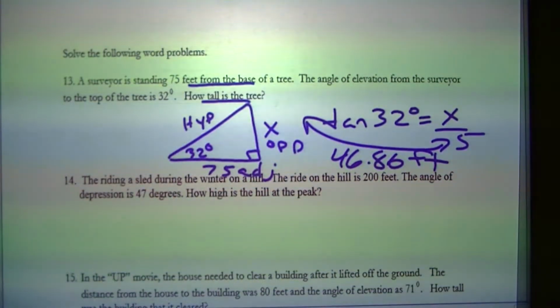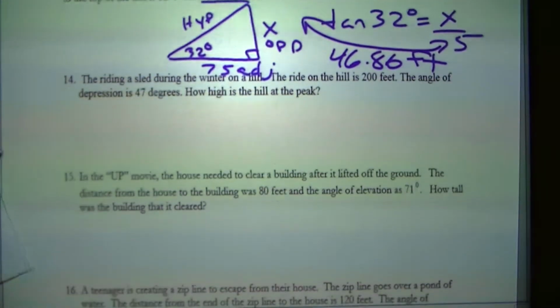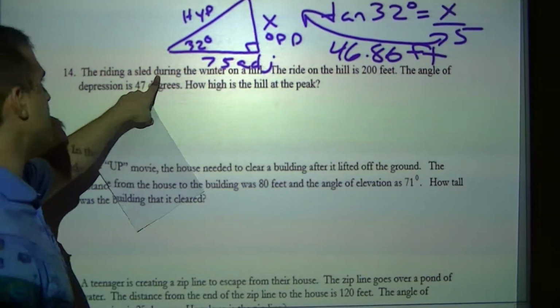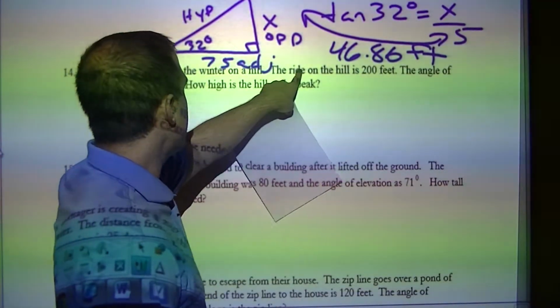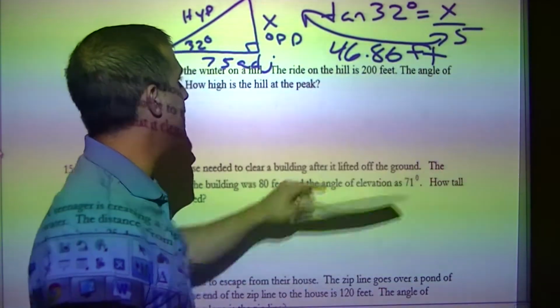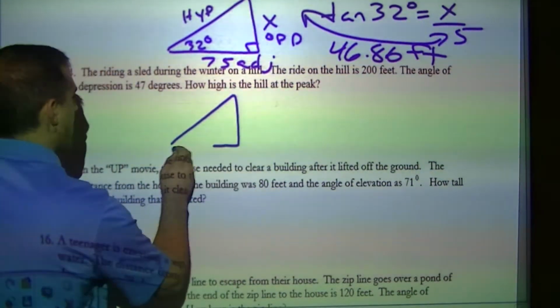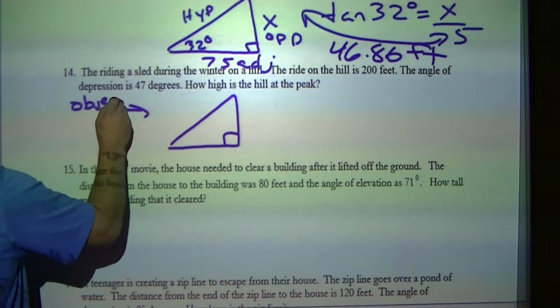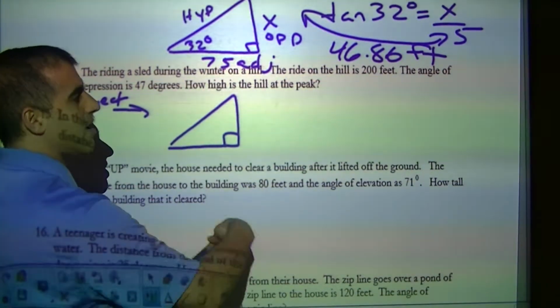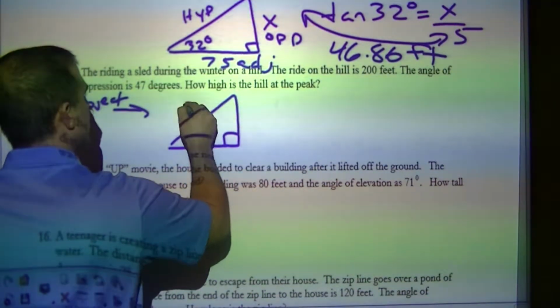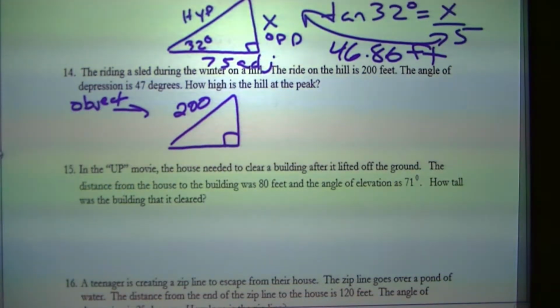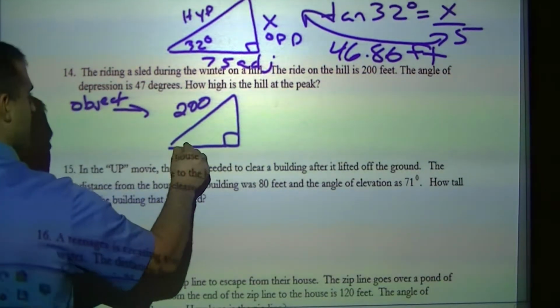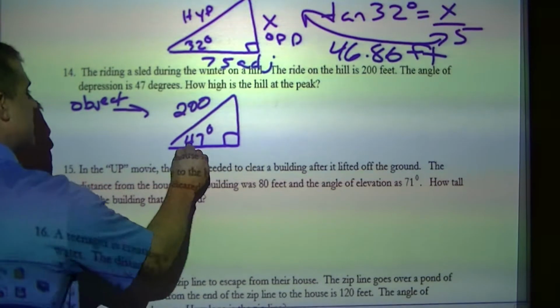Somebody's riding a sled during the winter on a hill that is 200 feet. Usually if somebody's on a slide or a sled or a line, that's going to refer to this. Angle of depression is still going to be in that corner.